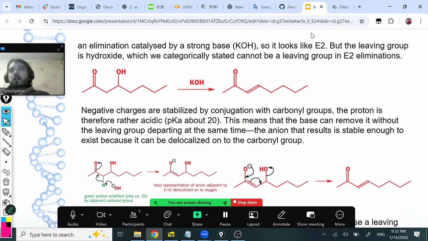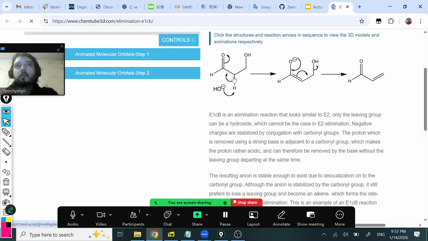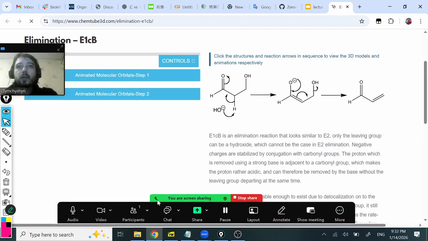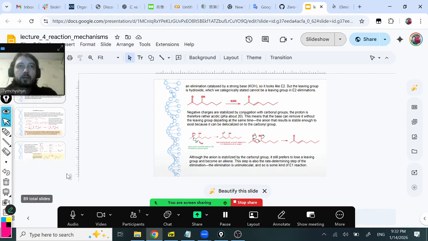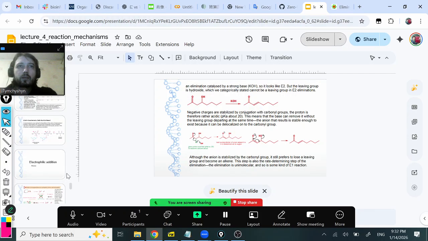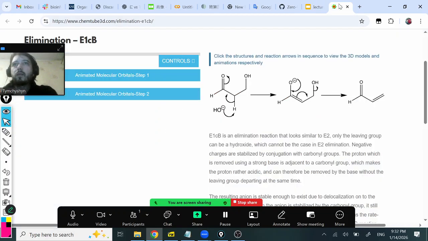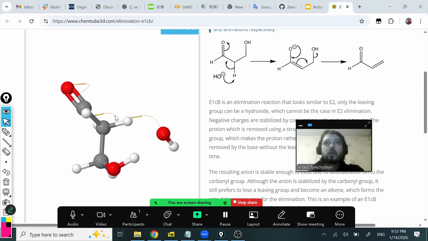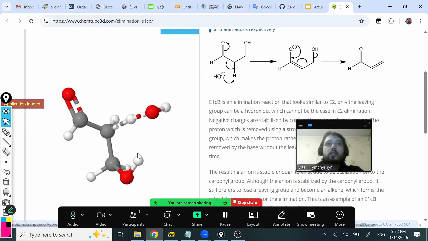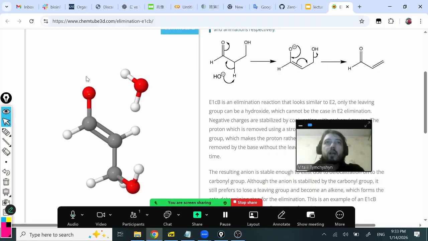I guess let's check this one. So here we have our proton abstracted, and this leads to the carbanion that is stabilized with the resonance structure.